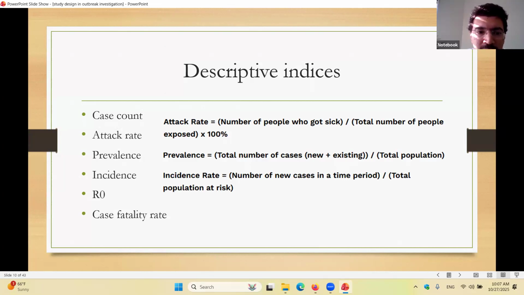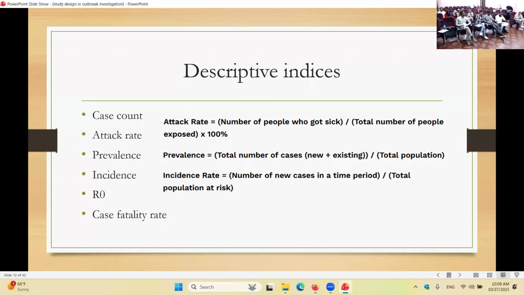For example, when R0 is 5, it means that an infected patient can transfer the disease to 5 other persons. Does it have an element of time? And is there a formula for it? There is no formula. It is a concept.